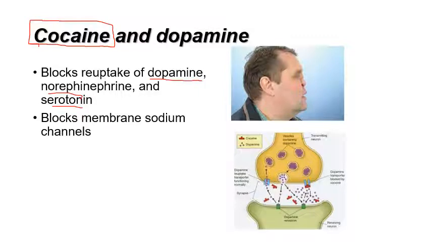So it blocks the reuptake, so dopamine signaling is increased in here. The signaling increases if this is neurons of the mesolimbic system. The nucleus accumbens, that's our reward center, and you would have increased reward sensation because you're blocking this dopamine reuptake.